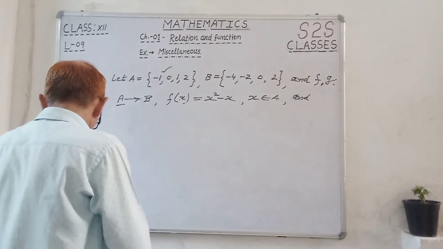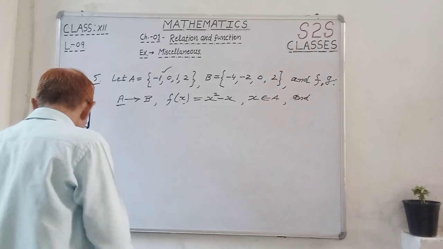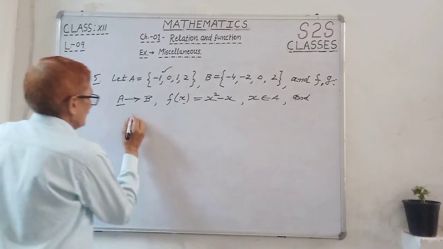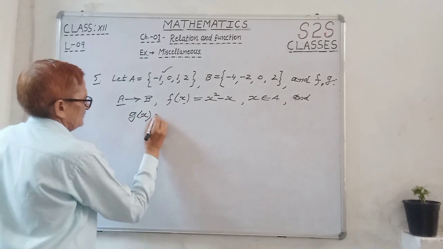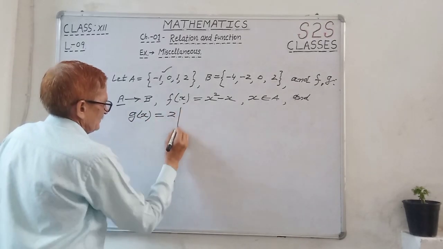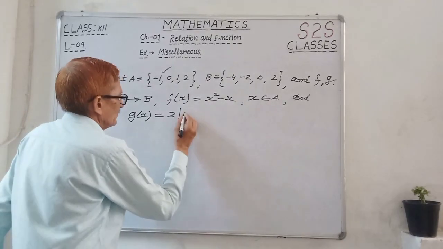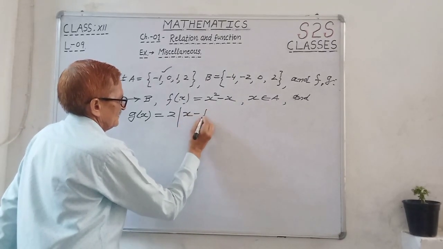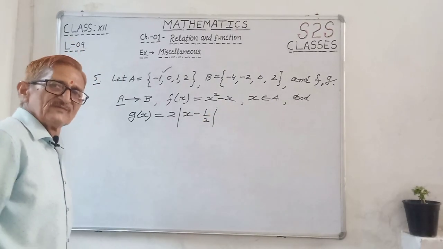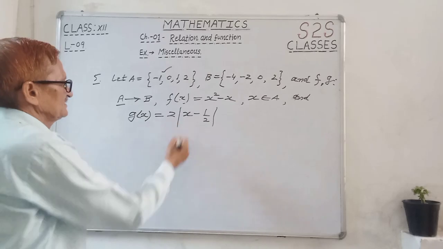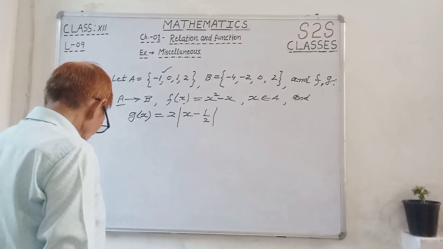G such that A to B be defined by g(x) is equal to 2 into modulus of x minus 1 upon 2, modulus, and minus 1.